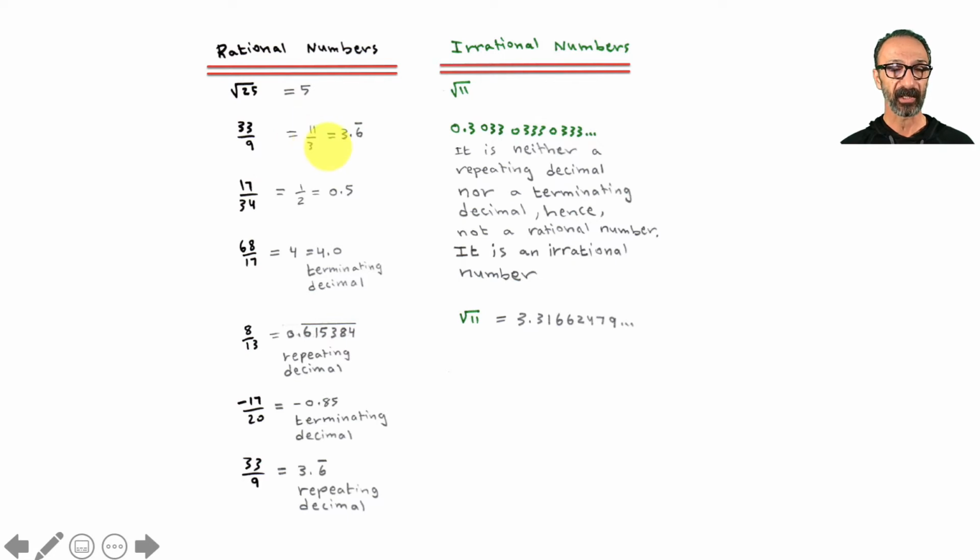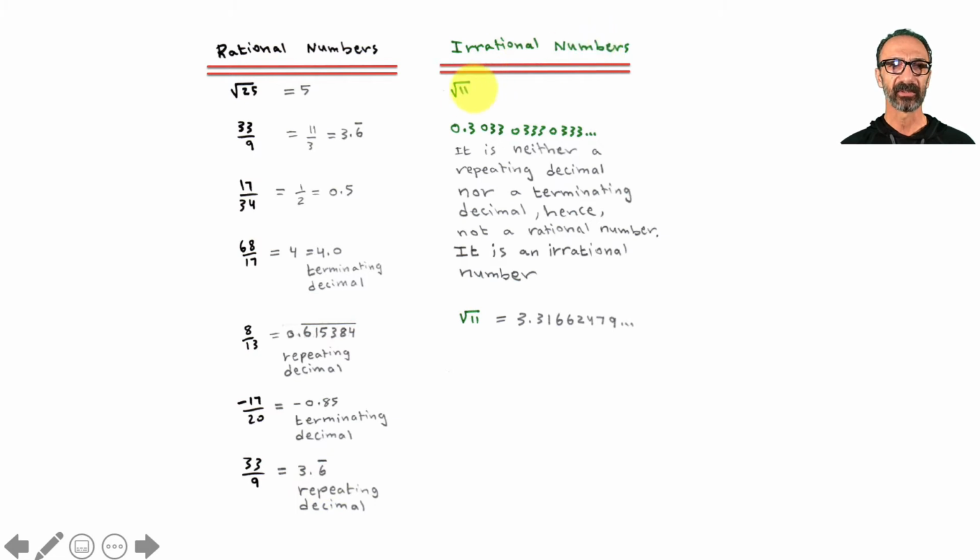Keep that in mind. 17 over 34 is half, which is 0.5, terminating decimal. This simplifies to 4, terminating decimal. This simplifies to a repeating decimal. As you can see, I'm not reading the whole thing. There's no need. This right here is a terminating decimal. This right here is a repeating decimal.